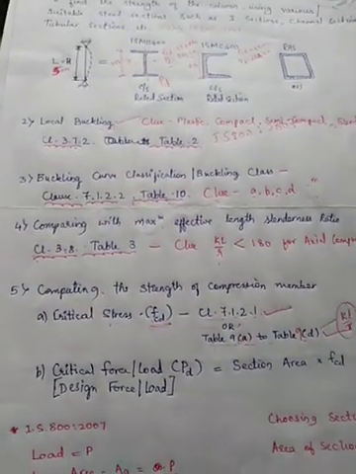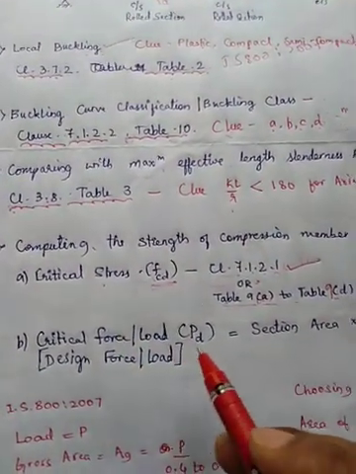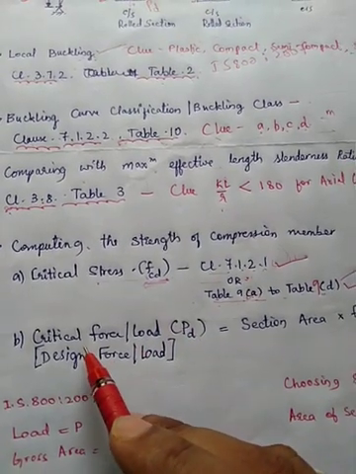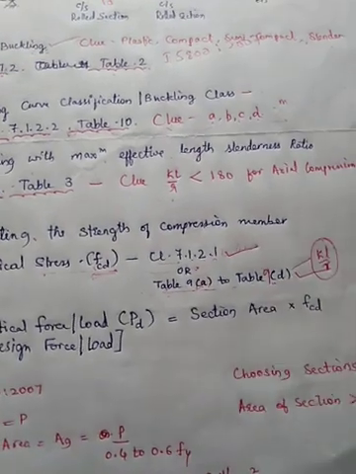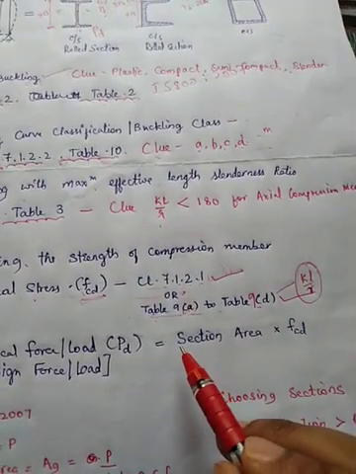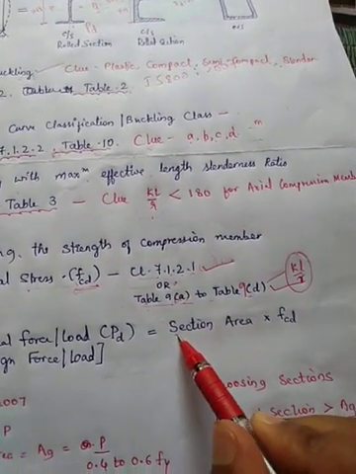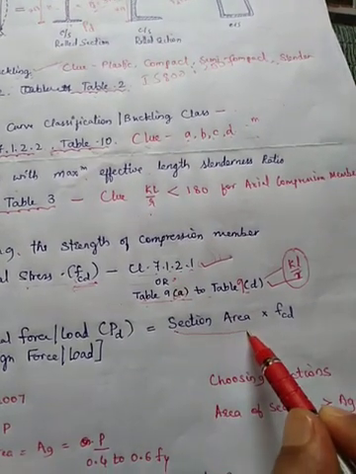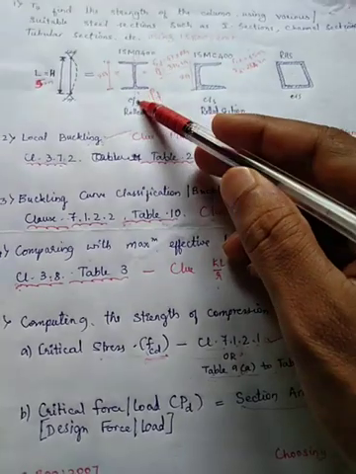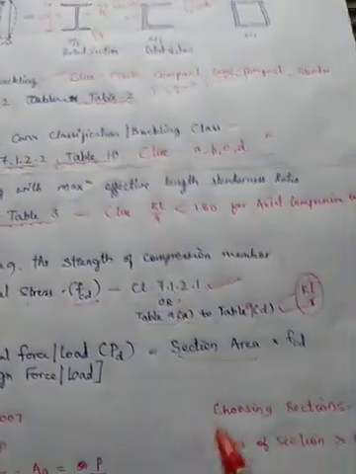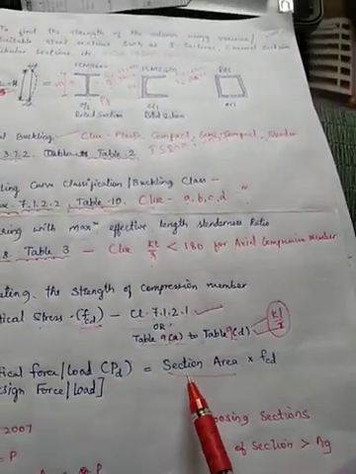And our ultimate step is to find the load carrying capacity, or what we say is the critical force or design force. It is found from the section area, which is the area of the section that we have. This area is available from the steel table.